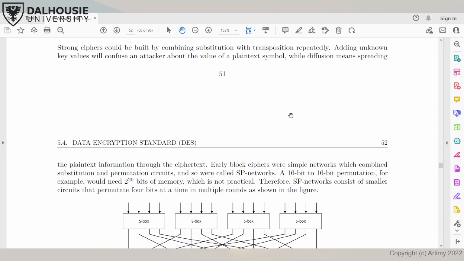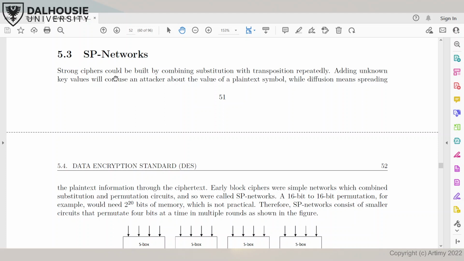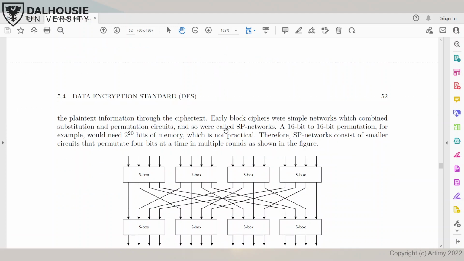So modern systems use these SP networks, which are blocks that take an n-bit input and give us another output.